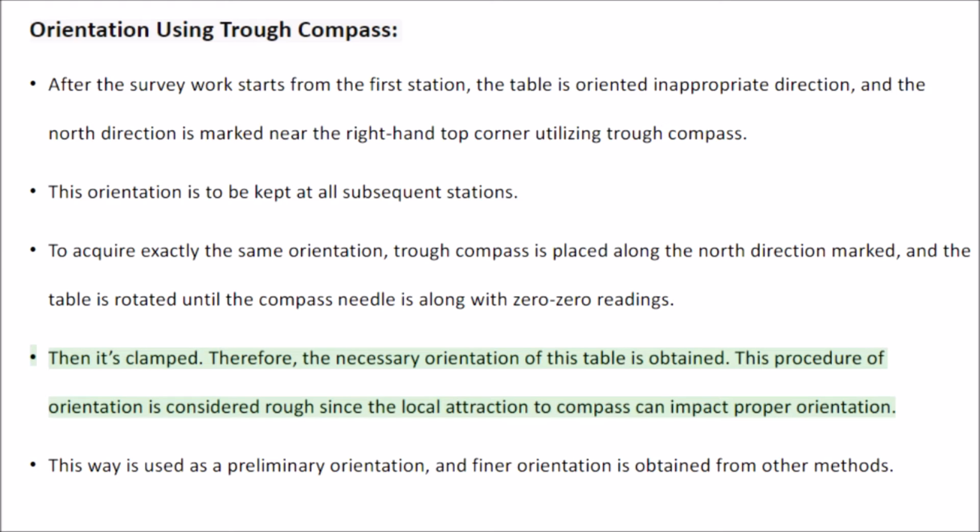Therefore, the necessary orientation of the table is obtained. This procedure of orientation is considered rough since local attraction to the compass can affect proper orientation. This way is used as a preliminary orientation, and finer orientation is obtained from other methods.